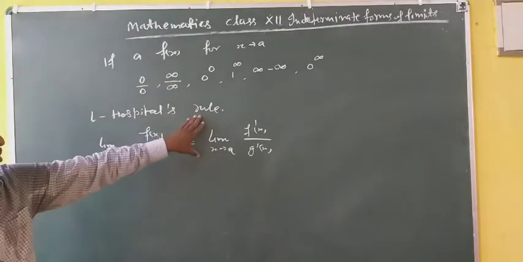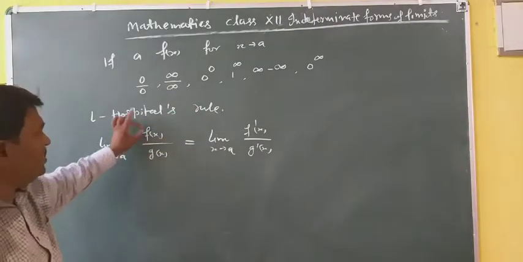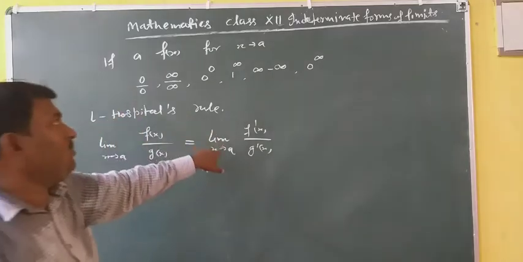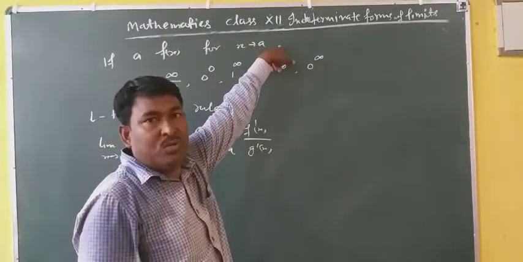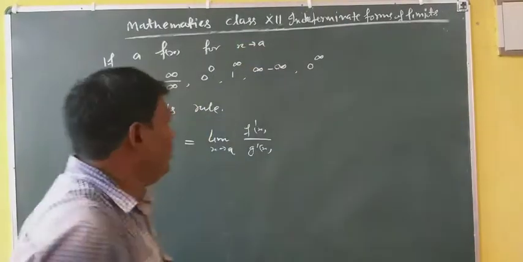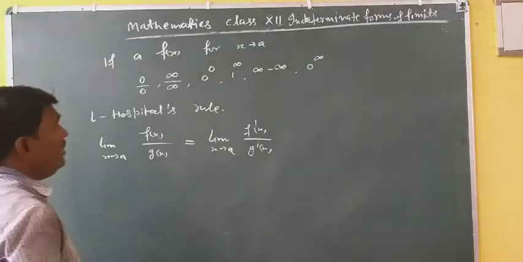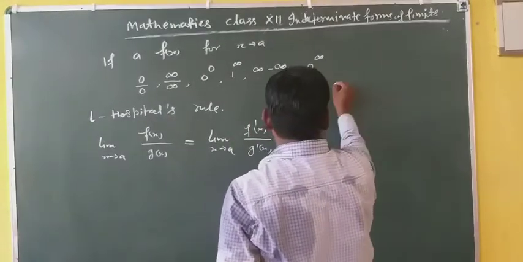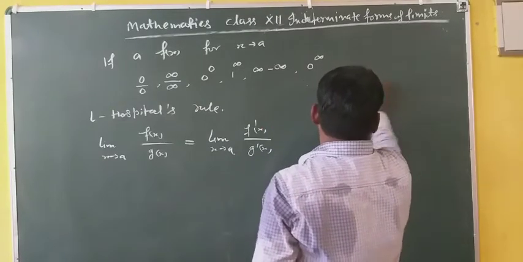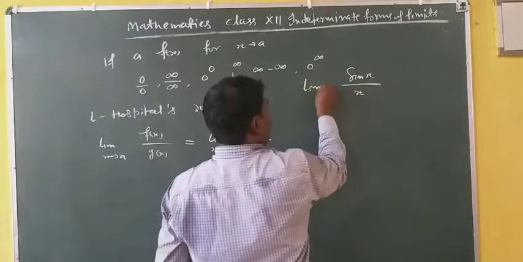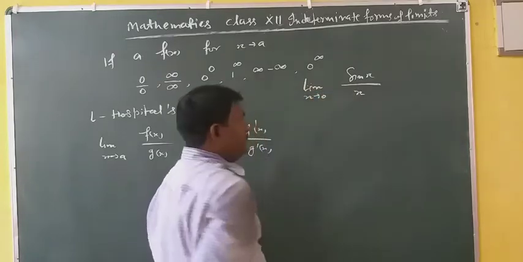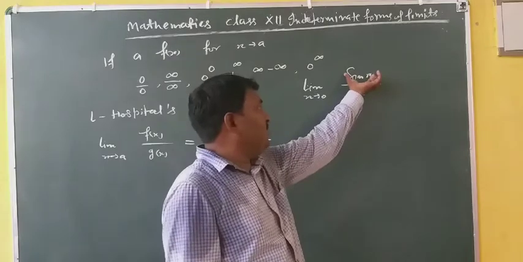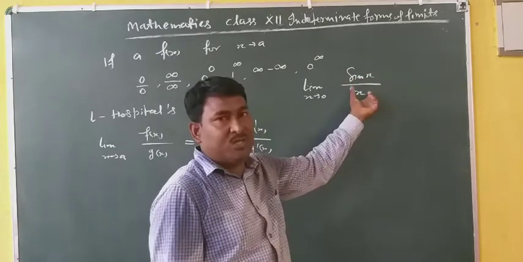This L'Hospital rule is applicable when the functions f(x) and g(x) both are continuous and differentiable at x equal to a. In simple format, suppose you have a function like limit x tends to 0 of sin x upon x. This is a function in the numerator and another function in the denominator.